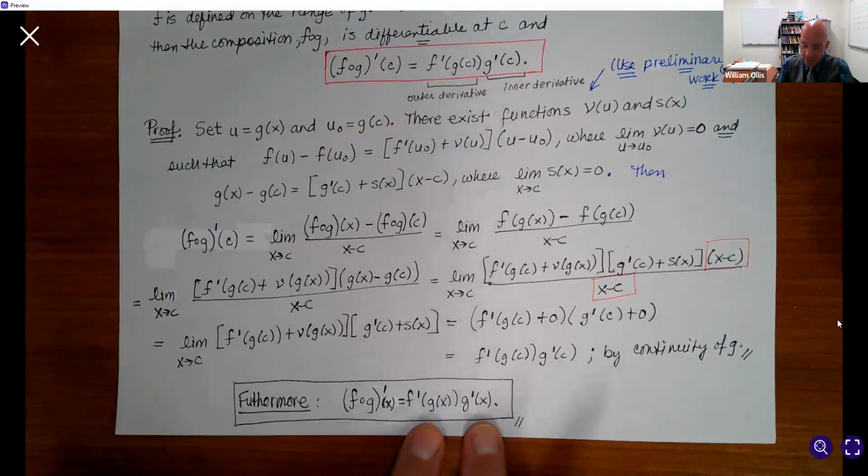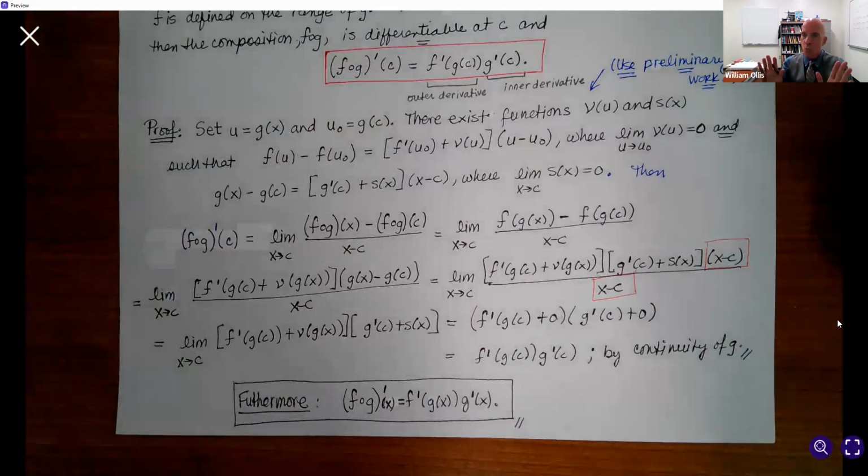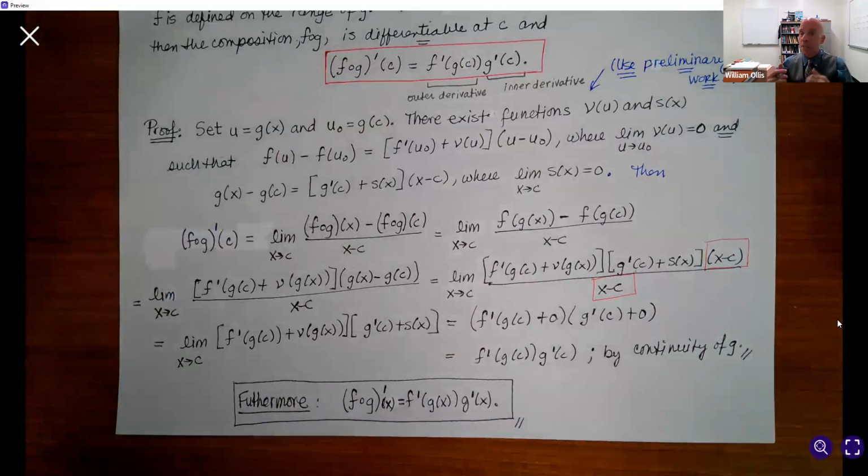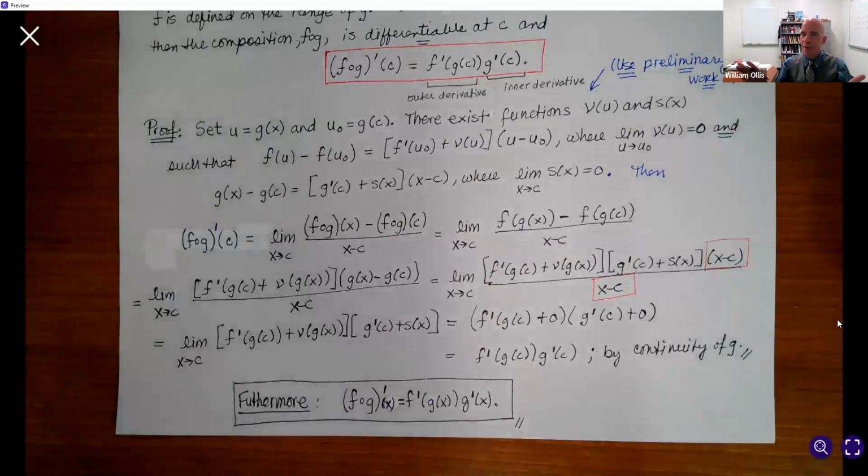So again, we often like to work on a formula, look at the formula and see what it gives us. When we first started, we were trying to find the domain of differentiability.